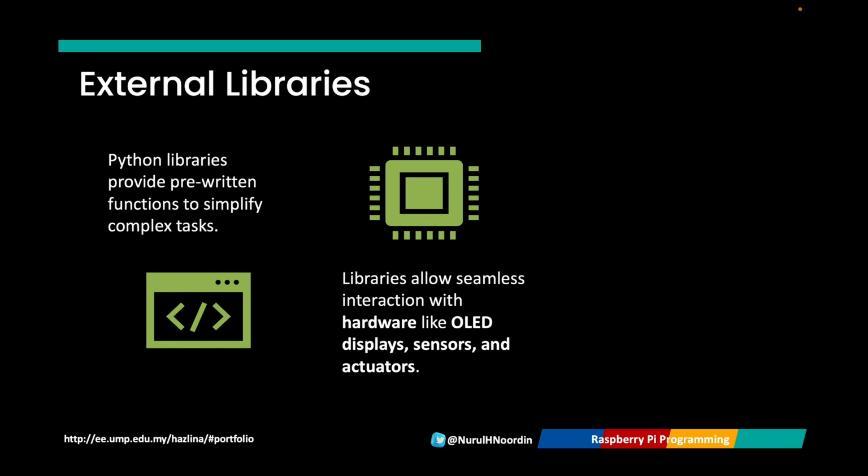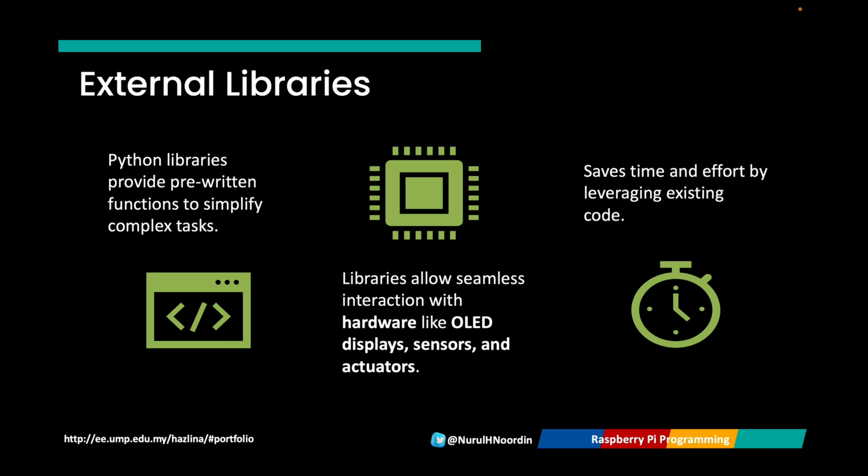When working with hardware, these libraries make it easier to communicate with devices such as sensors, displays, and motors. For example, instead of manually programming how an OLED display receives data, we can use the SSD1306 library to simplify communications and control. This saves time and ensures compatibility with different hardware components.